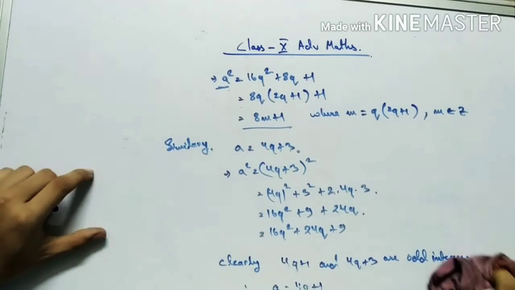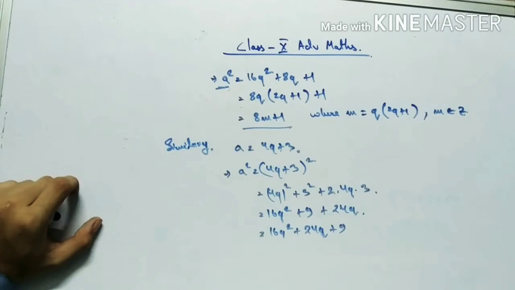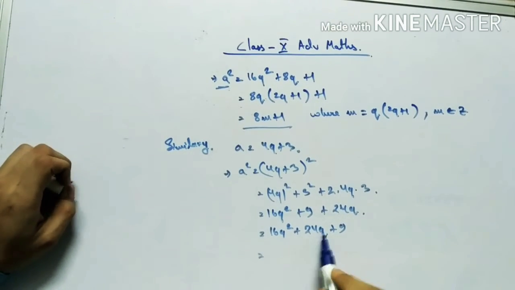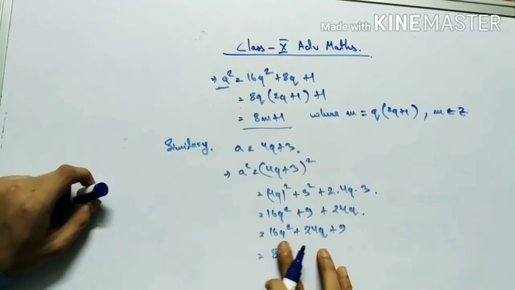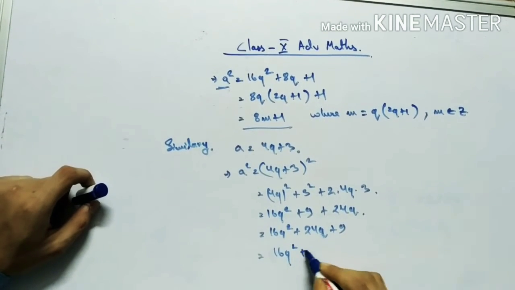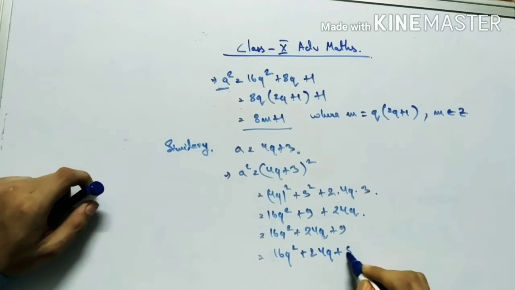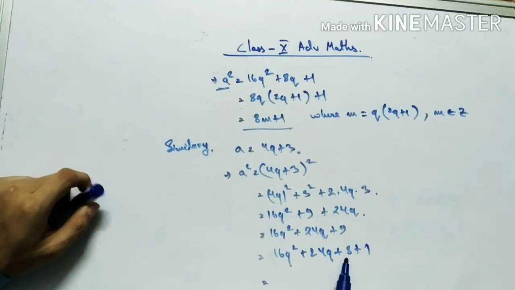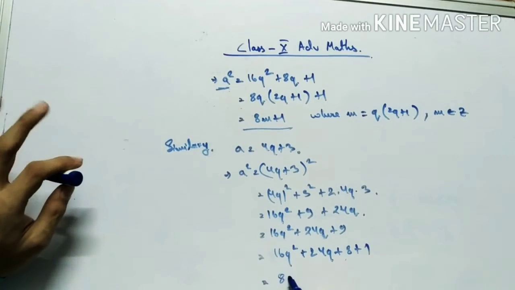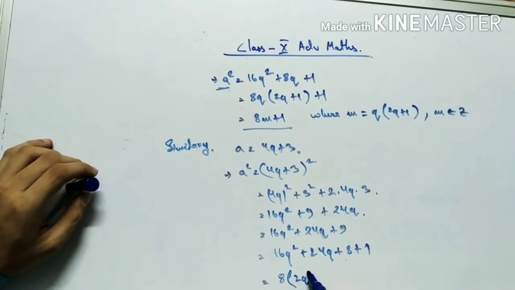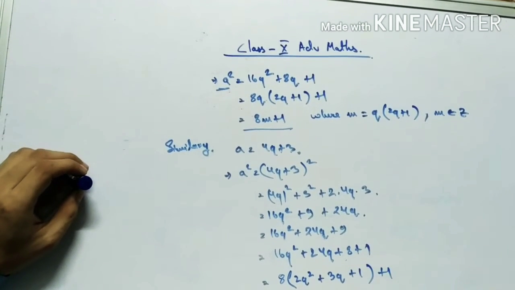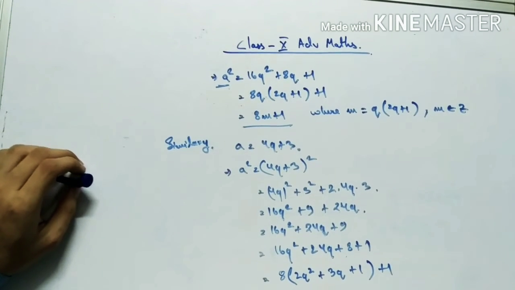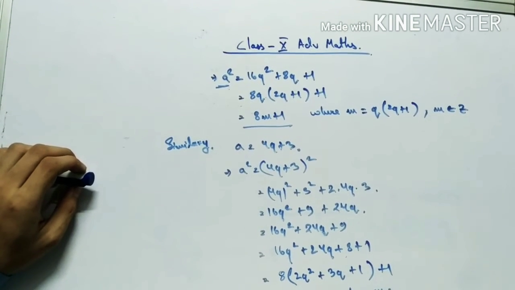Now I can write 9 as 8 plus 1. So from these three terms I can take 8 common, so I will get 2q squared plus 3q plus 1, equals 8m plus 1, where m equals 2q squared plus 3q plus 1.